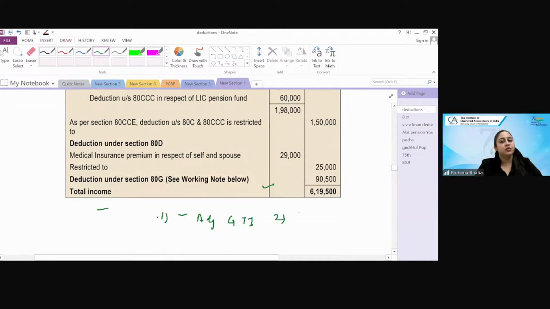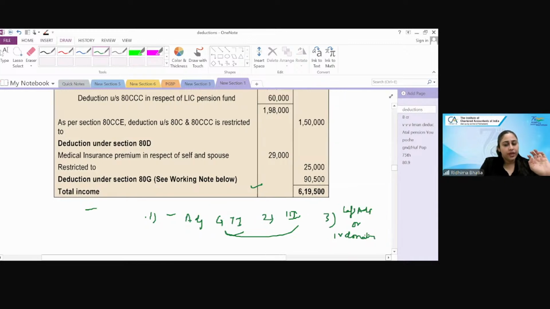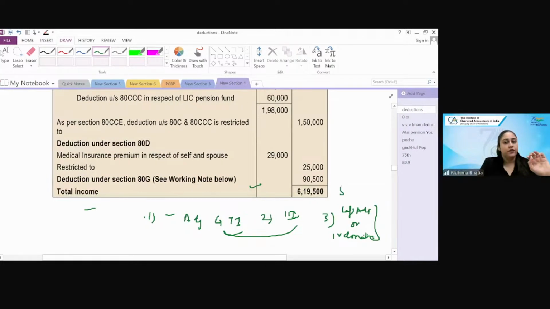Second step is that whatever is the third category, you can claim the whole amount subject to your adjusted gross total income, the complete deduction. Then the third step is that the left adjusted gross total income and the fourth category donation, compare both, take the lower, and 50% of the lower is your fourth category deduction. Got it? This is how you will claim donations under 80G.